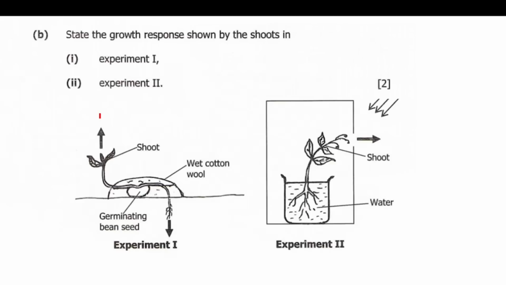B says, state the growth response shown by the shoots in experiment 1. In experiment 1, the growth response shown by the shoot we call positive phototropism, because the shoot is responding to light.